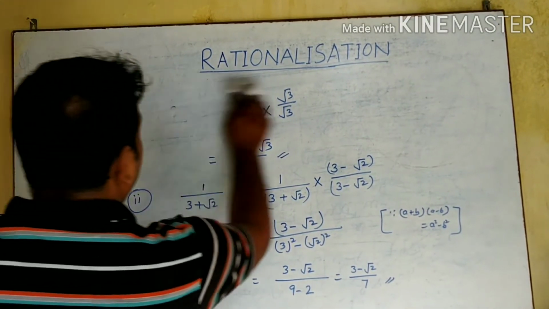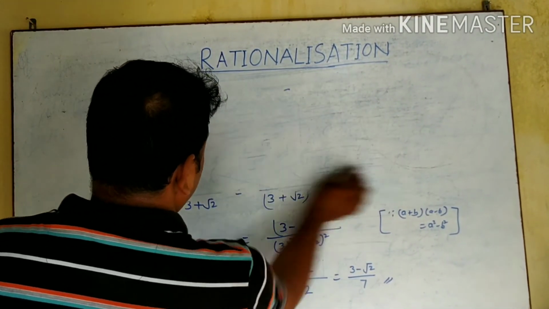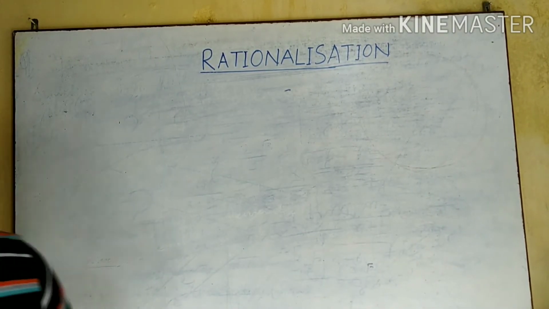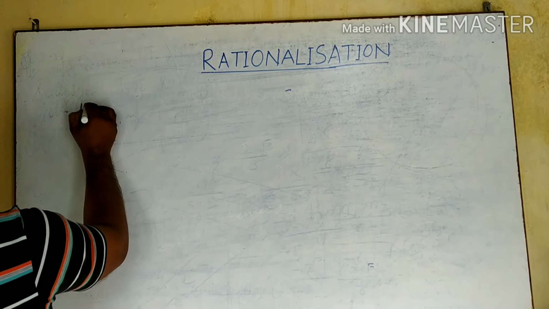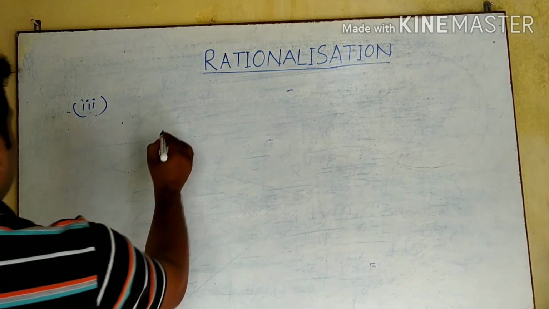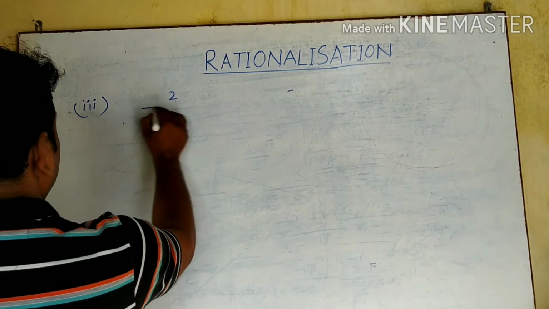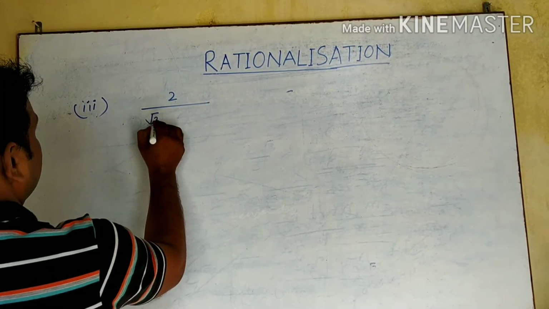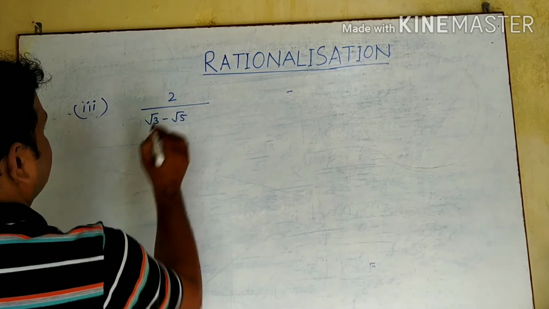See, question number 3. What is that? If it is written, rationalize 2 by under root 3 minus under root 5.